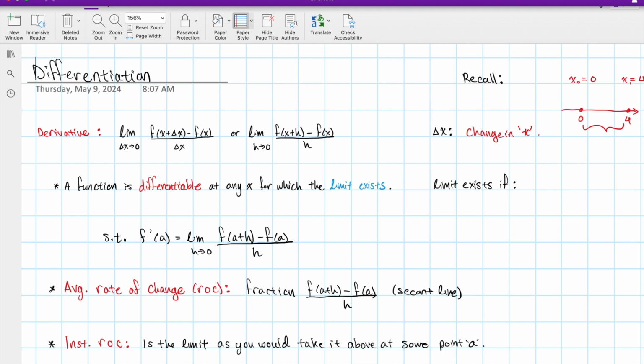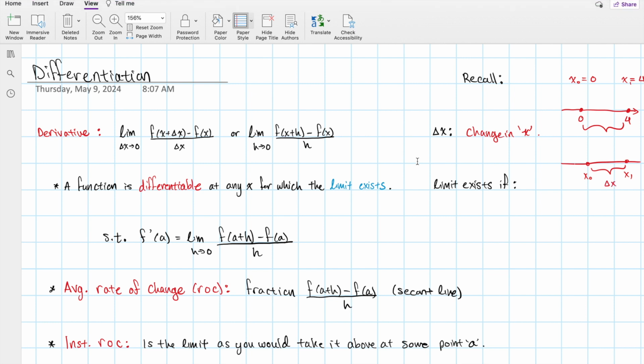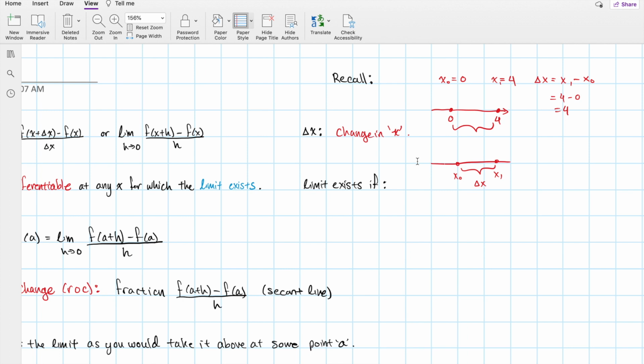When we're talking about limits and we're looking as the change in x approaches 0, we're actually looking at what happens as the distance between these two points, the change in x, gets closer and closer to 0. What happens as there's less space between them?